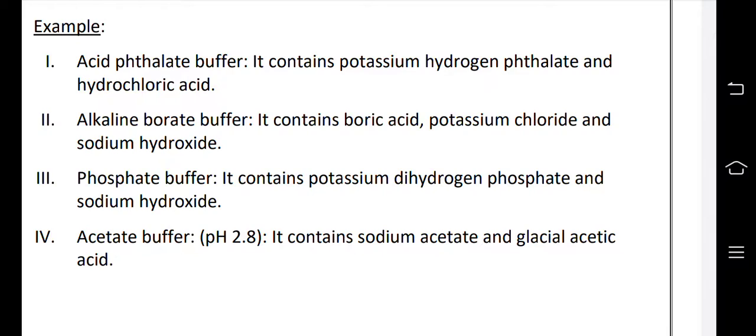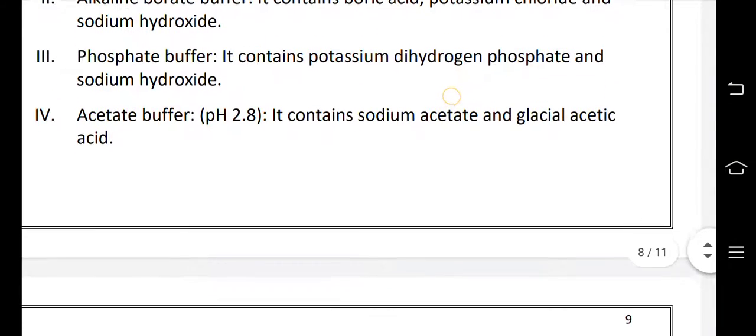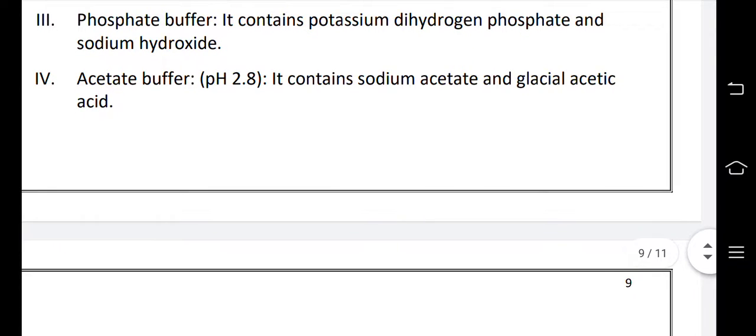First one, acid phthalate buffer. It contains potassium hydrogen phthalate and hydrochloric acid. Second one, alkaline borate buffer. It contains boric acid, potassium chloride and sodium hydroxide. Now third one, phosphate buffer. It contains potassium dihydrogen phosphate and sodium hydroxide.